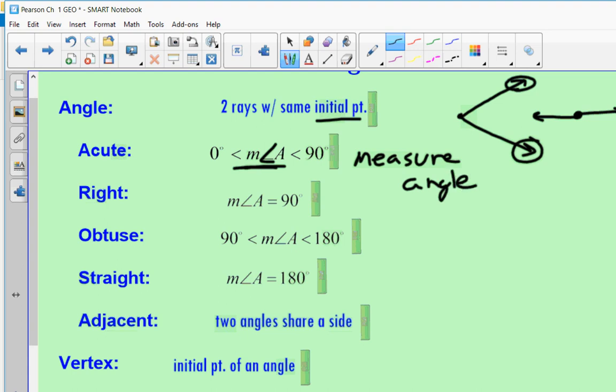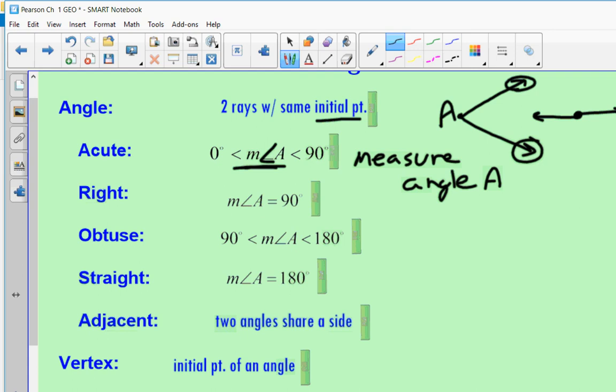There's a couple different ways I'm going to do that. In this case, I'm going to talk about angle A. What do you mean angle A? Where is that? Well, an angle can be named by a letter where that initial point is, where the two rays met. So that's one way I could do it.